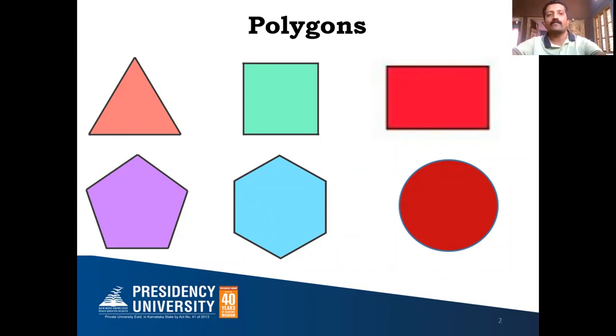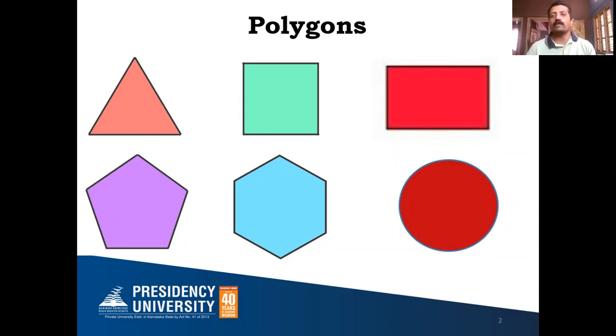If it is a triangle, 1, 2, 3 corners and 1, 2, 3 edges. Similarly for the pentagon, 5 edges and 5 corners. For hexagon, 6 edges and 6 corners you're going to get. But for your circular lamina, we won't get any corner or edge. Infinite number of points you'll be getting at the circumference. So we don't have any edge condition or corner condition for the circular lamina.